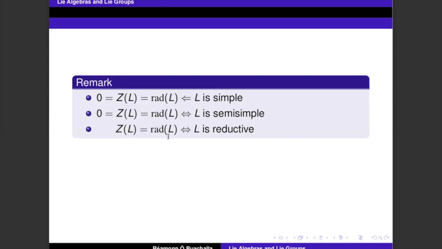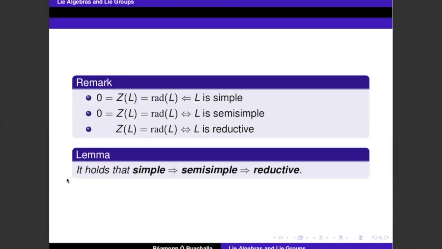Now it's clear that if something is simple, then it satisfies this, therefore it satisfies semi-simplicity. And then this is a weakening again, because we're requiring just that these two things are equal and not that they're equal to 0. So this is a very important picture for understanding the definition of simplicity, semi-simplicity, and reductivity.